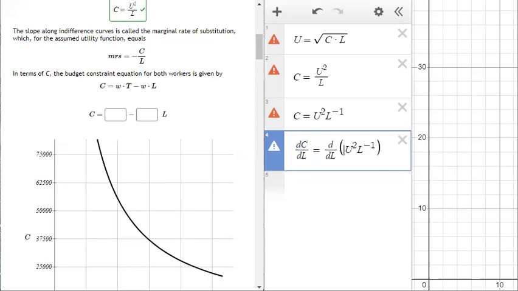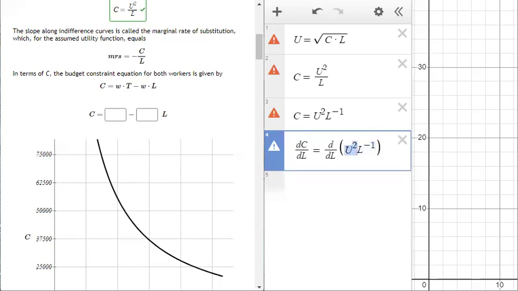So one thing we need to recognize here is U squared is just some number, right? U squared is just some number we've plugged in. And U squared can be, say, 100, right? If I change the L in this part, if I increase the L, L to the minus 1 will go down, right?